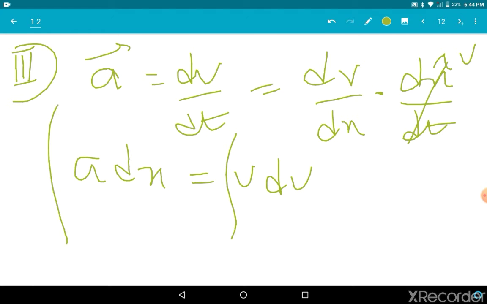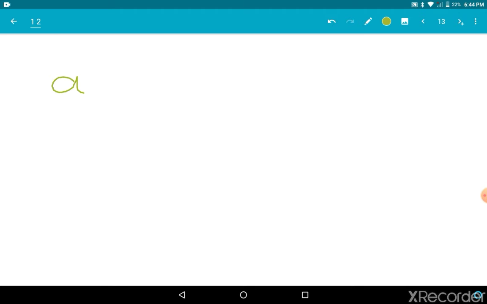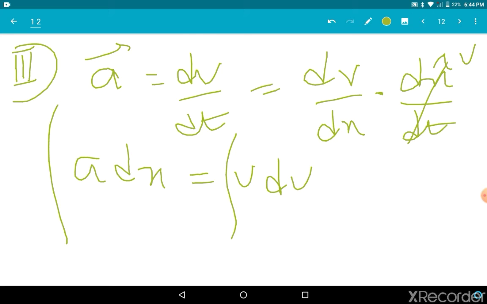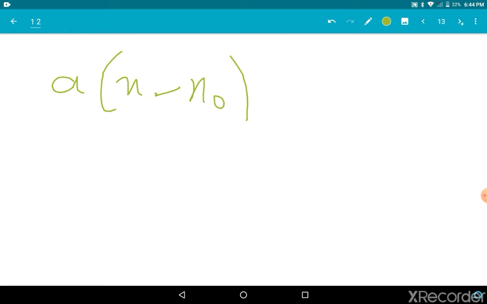Integrate both sides, then I'll get a into x minus x0. Once again, x minus x0, this I'll do from x0 to x, and this will be v0 to v, and this side will be nothing but 1 by 2 into v square minus v0 square.